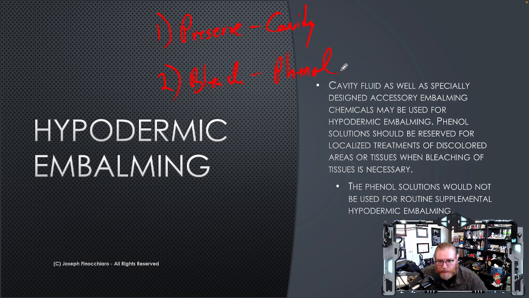If you are looking to preserve, and as a side effect of the preservation, get some bleaching, etc., cavity fluid is what you're going to want to use. Cavity fluid should be the routine chemical that you use for hypodermic embalming. If you are only looking to bleach an area so it has a bruise and it is adequately preserved, the best thing you should be using there is phenol.